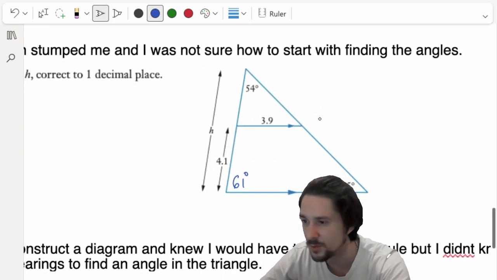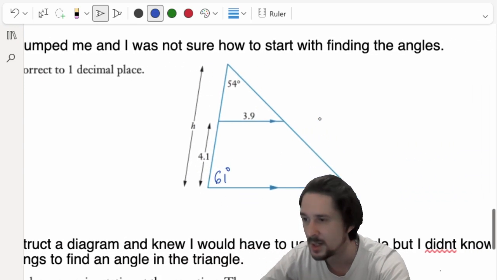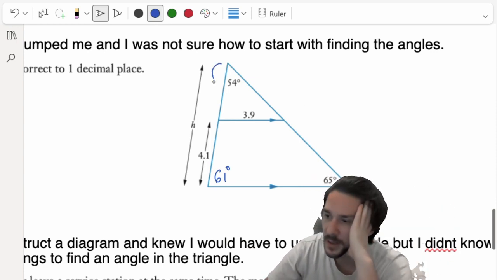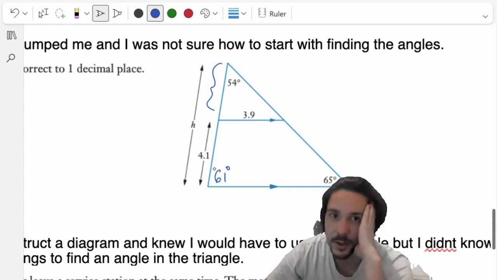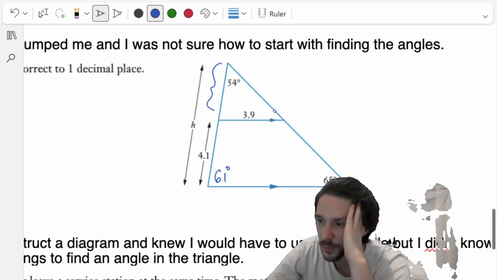So we want to know the length of h correct to 1 decimal place. Let's see. Well, if we could find this length, we could just add it on to 4.1. And we can find this length using one of our sine or cosine rules. Let's see, we know what this angle is.